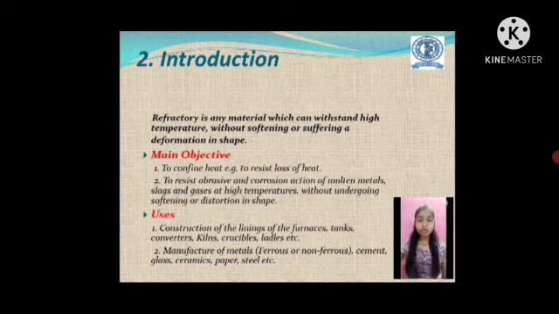Main objective: first, to confine heat, for example, to resist loss of heat. Second, to resist abrasive and corrosive action of molten metals, sludges, and gases at high temperature without undergoing softening or distortion in shape. Next, uses.